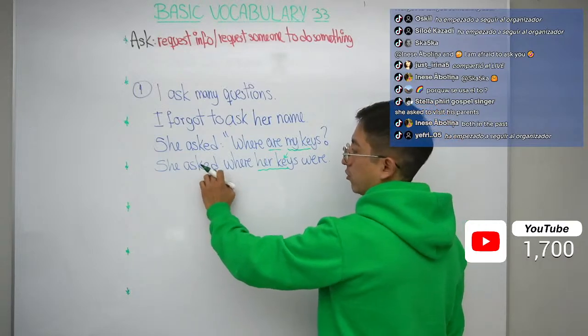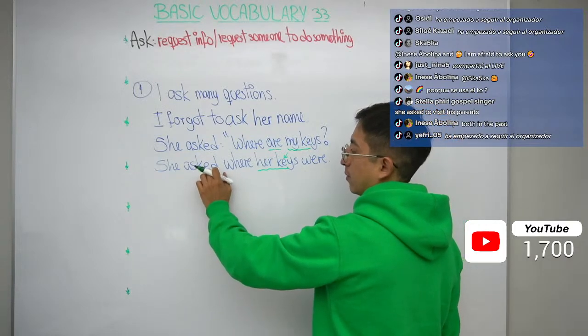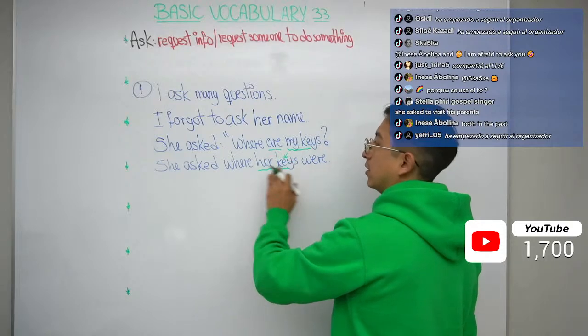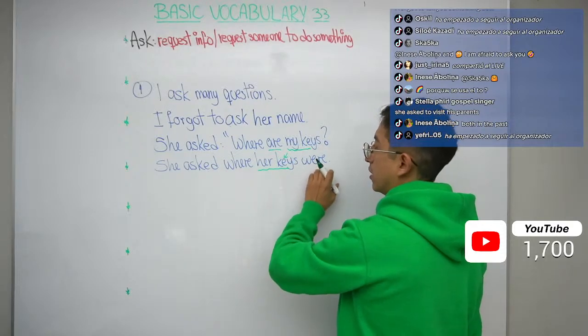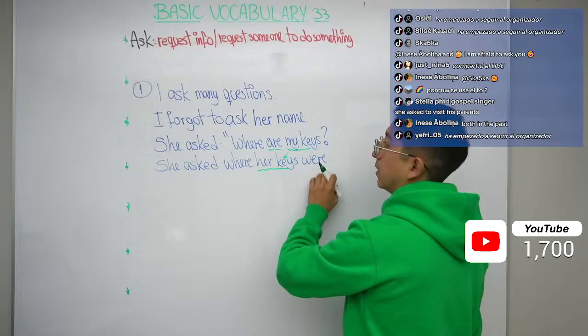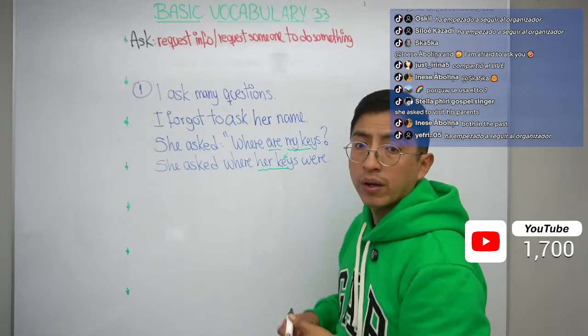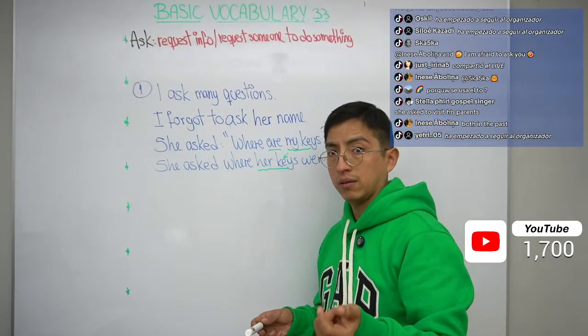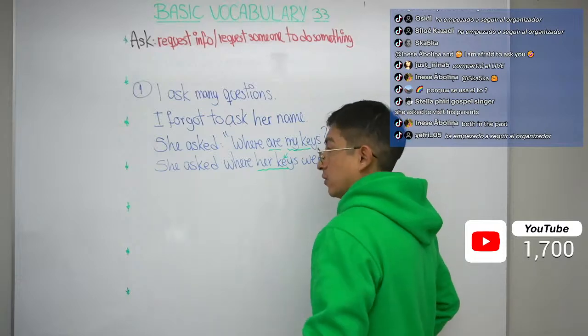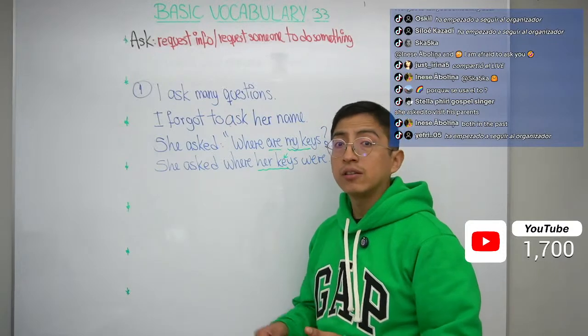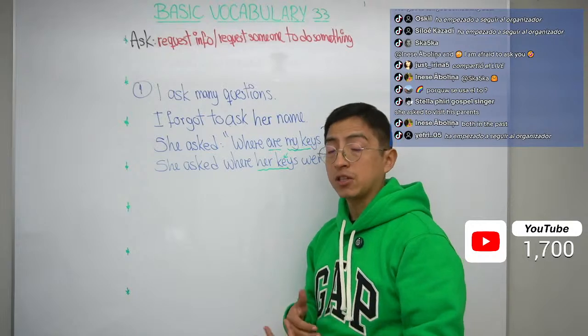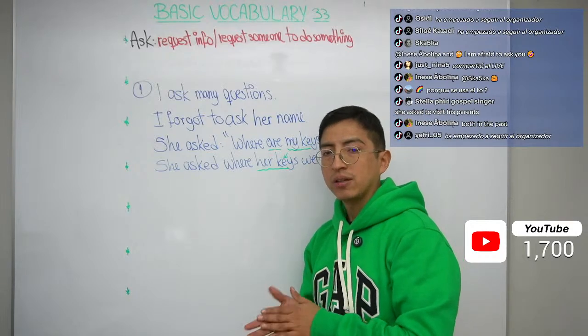Why? Because we are using asked. Simple past, simple past. Okay, she asked where her keys were. Yes? So this is the way we use this structure. Why? Because this is an indirect speech, okay, or a reported speech.